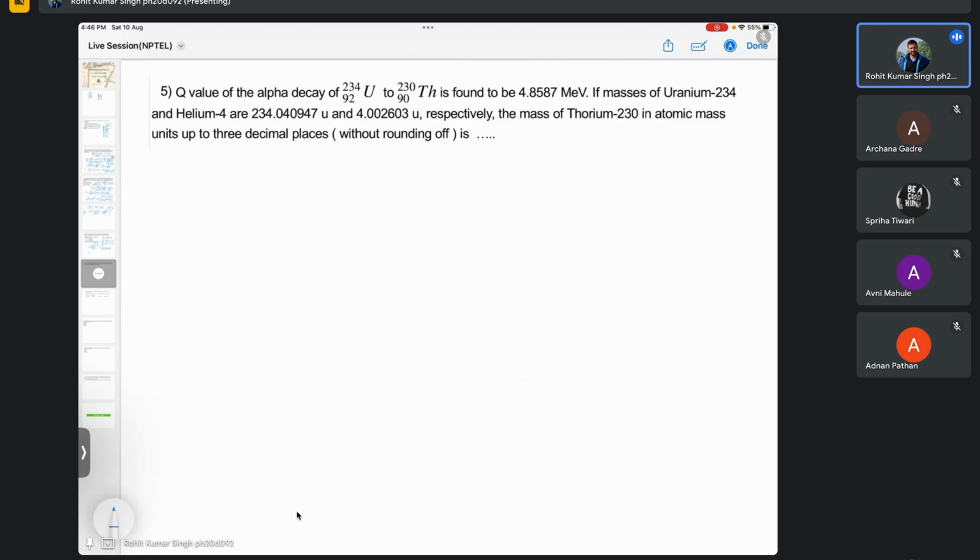It's a similar kind of problem regarding alpha decay. Here the Q value of alpha decay from uranium to thorium is given. So uranium 234 going to thorium plus an alpha particle.